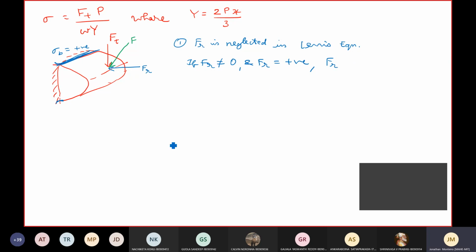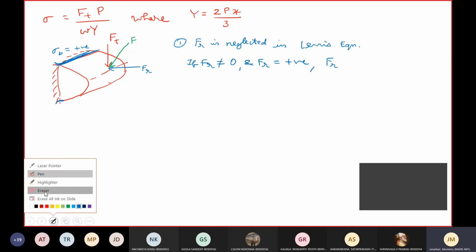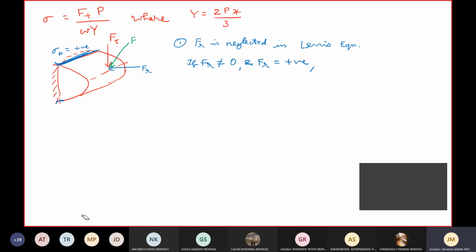Or I should say total stresses are reduced. So it's not a problem at all for us.